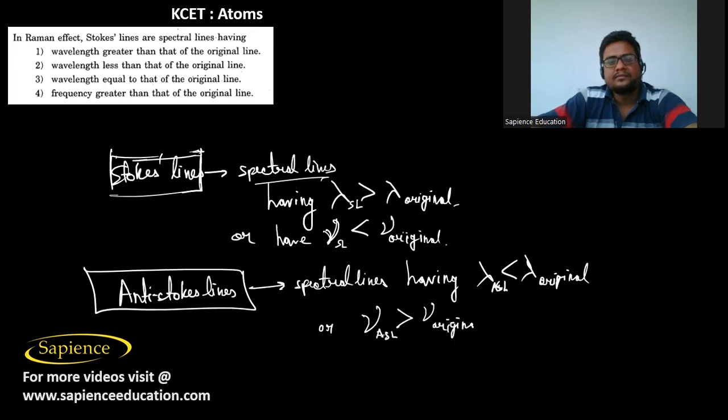So it means wavelength should be greater than that of the original line or Stokes line. So option 1 is the correct answer.